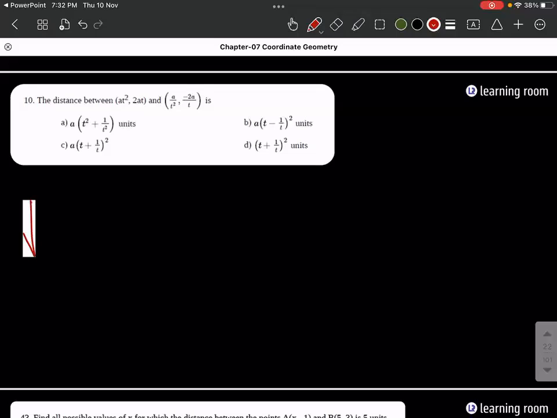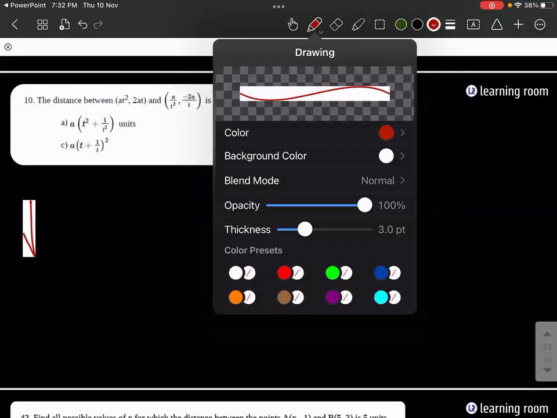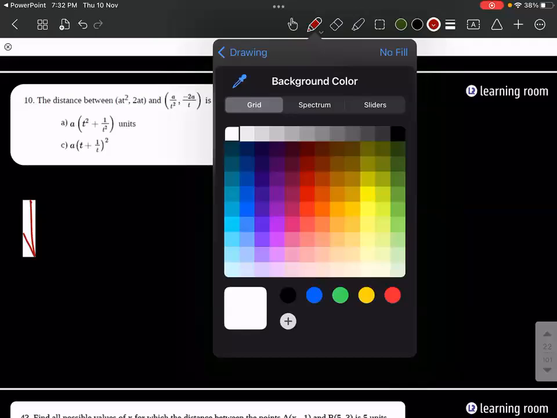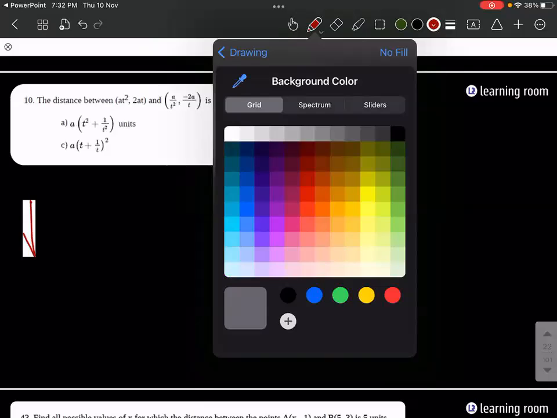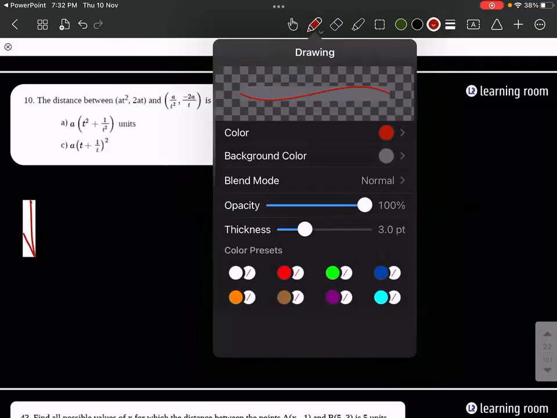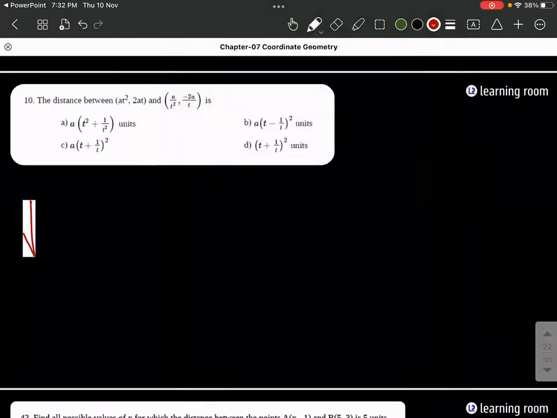I'll also do it parallelly, but don't look at the screen. So a square minus.